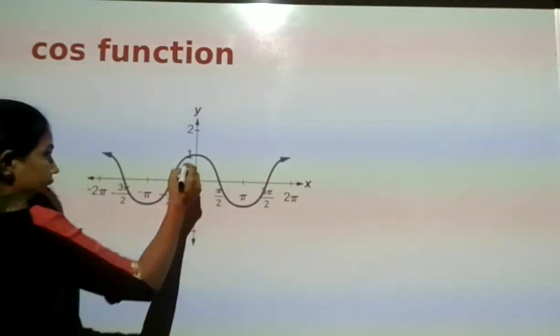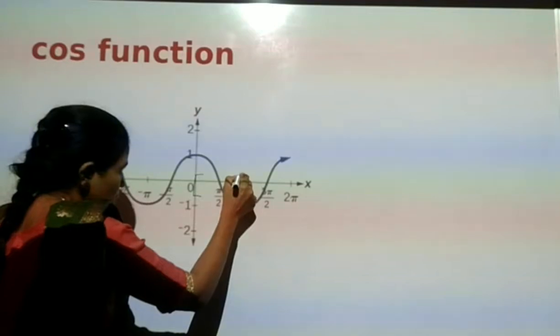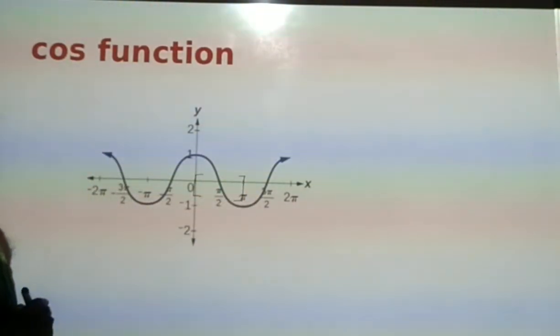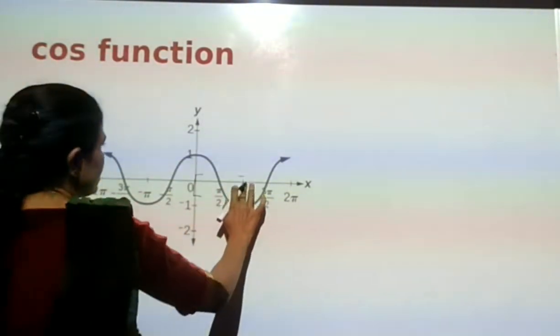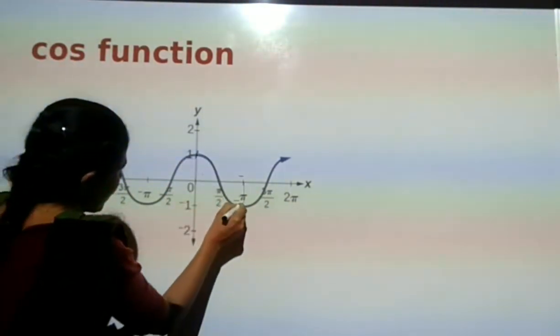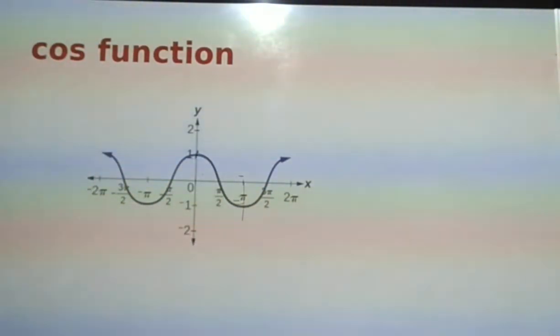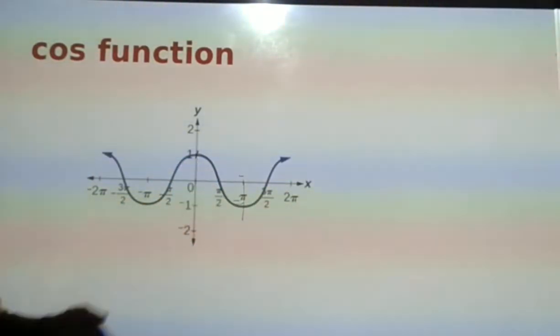So that's why we are taking 0 to pi. Here we are taking 0 to pi, where the value is this. In this interval, this is your graph of the inverse function. For this interval it will become 1-1.